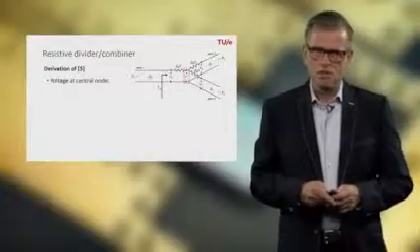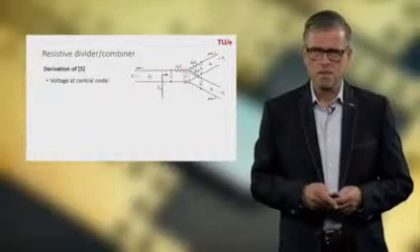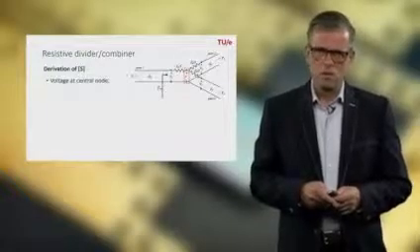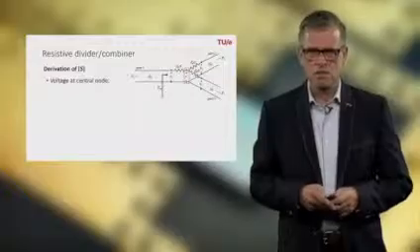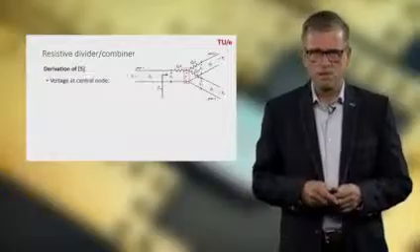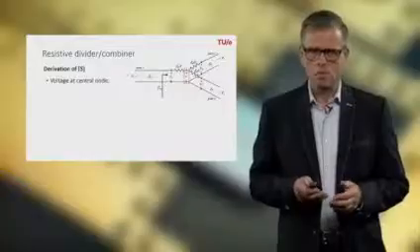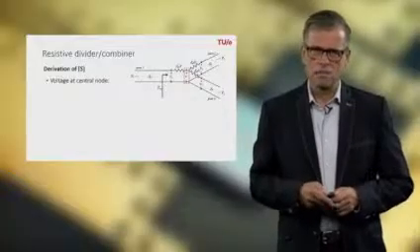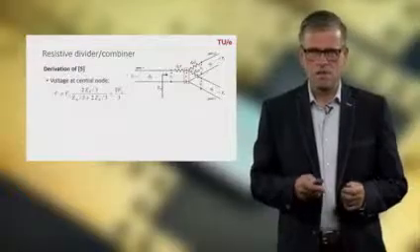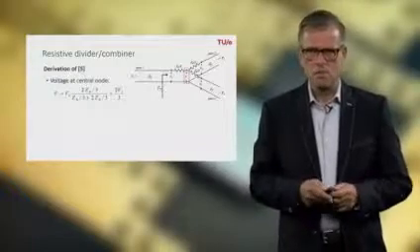The voltage at the central node can be found from the voltage at port 1 by considering that we have a voltage divider between one of the lumped element resistors connected to port 1, and an equivalent impedance, which is the two parallel connections of port 2 and port 3, including the two lumped element resistors. So the voltage at the central node is found as V1 times this voltage divider, and at the end of the day it's equal to 2 times V1 divided by 3.